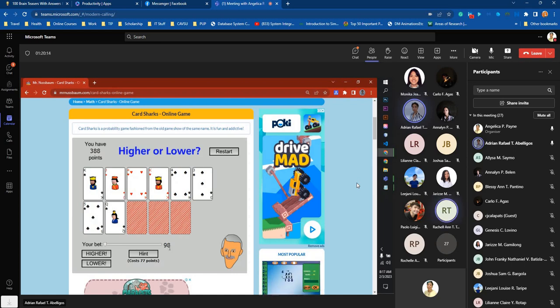Sige, 100. Ayan. Higher, lower? Lower. Yes, lower. Ayan. Diba? Tama. And good. The next is Rochelle. Hello. Anong bet? Ilang points?